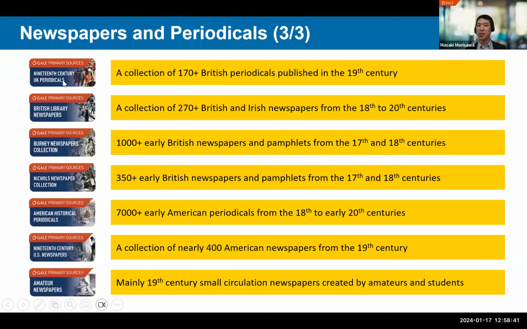We have a whole collection of 19th century British periodicals, a collection of British Library newspapers, newspapers held by the British Library, 2 collections of early 17th and 18th century newspapers, a collection of American periodicals, historical ones, and a collection of 19th century British and American newspapers, and a weird collection called amateur newspapers, mainly from the 19th century.